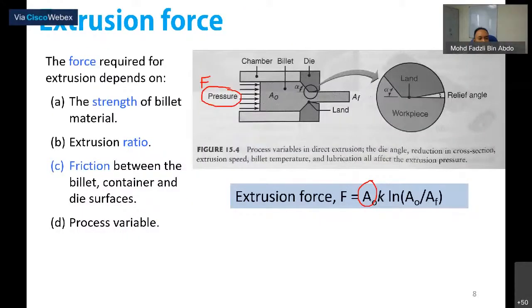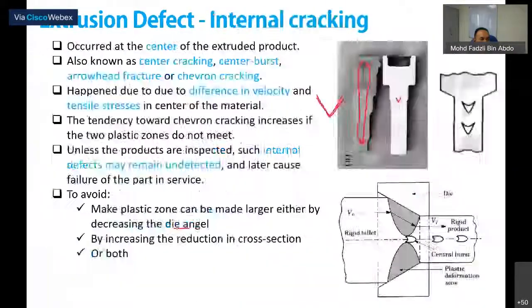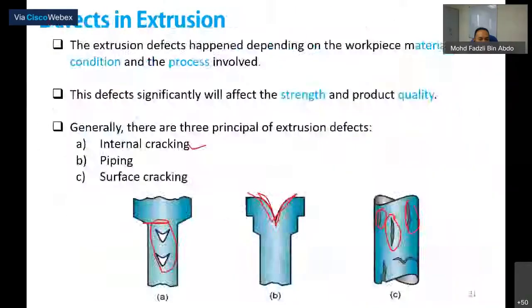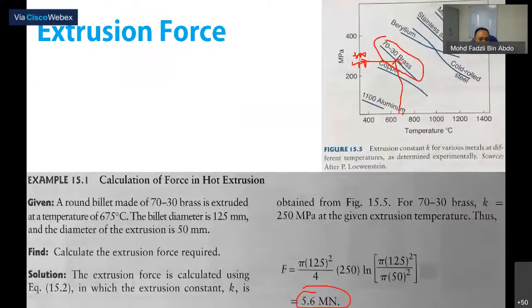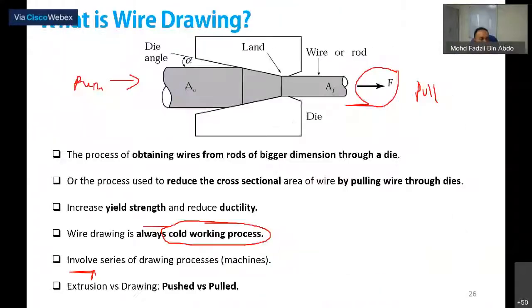Ni F = A0 K ln(A0/AF). Kalau yang ni A0 bagi AF. Dia terbalik saja.